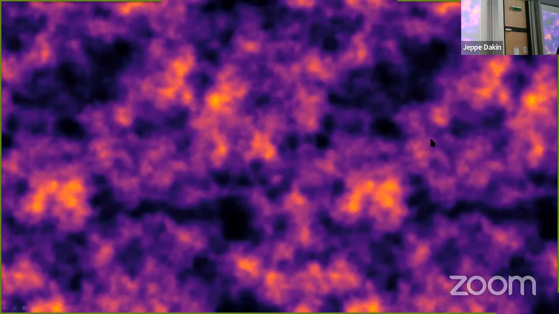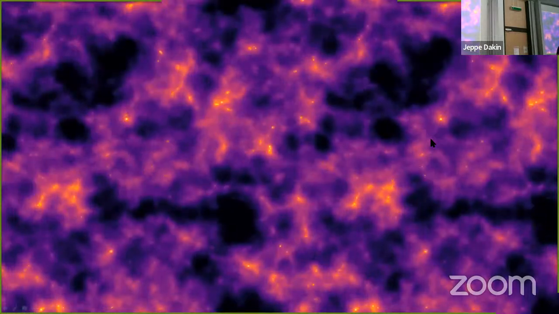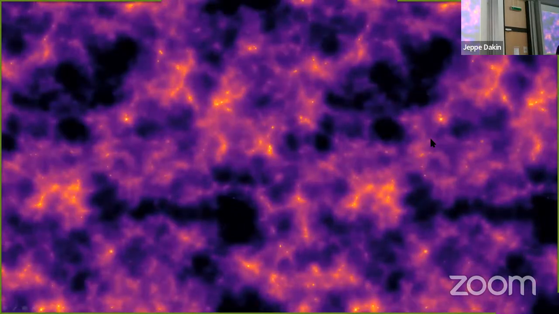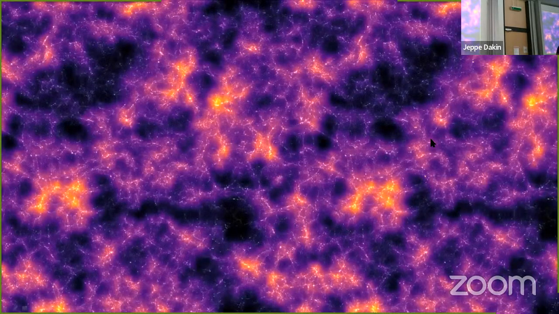So here's a nice plot of the neutrino density field of, I think, a 0.1 eV neutrino computed linearly. And now this is non-linearly. So you can see that if you add this nonlinear correction, they cluster much more nicely, much more compactly. And now here I've added in the matter. So now the white filaments are matter, and all the purple stuff is still neutrinos.